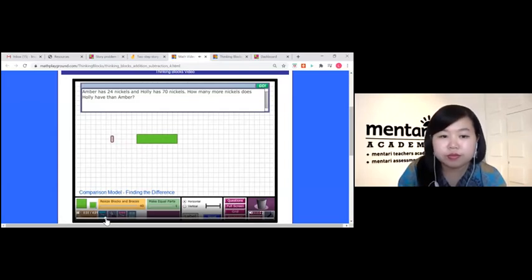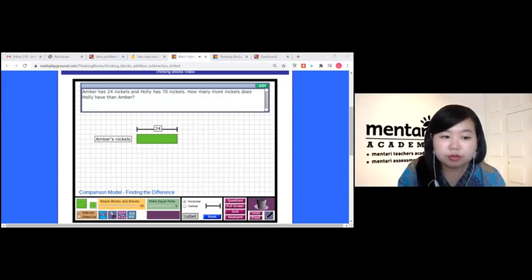And our label will read Amber's nickels. And we should show the value of Amber's nickels by dragging another label to the model and typing in the number 24. So this block represents Amber's nickels, and we know that Amber has 24 nickels.